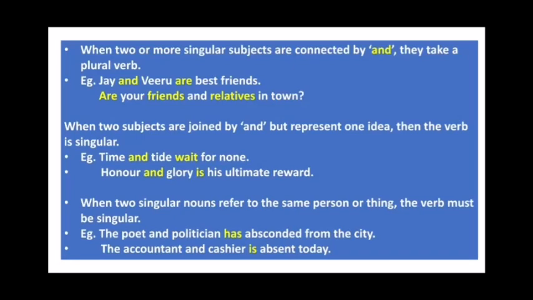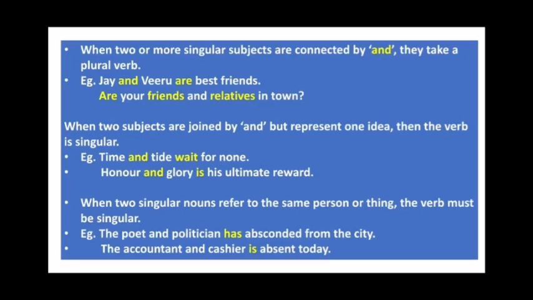Next, when two subjects are joined by and but represent one idea, then the verb is singular. For example, time and tide wait for none. So here we have again and, that is joining time and tide.